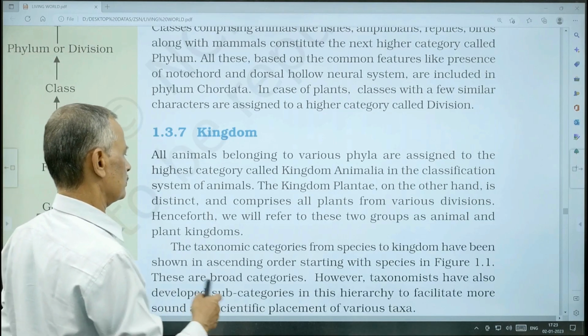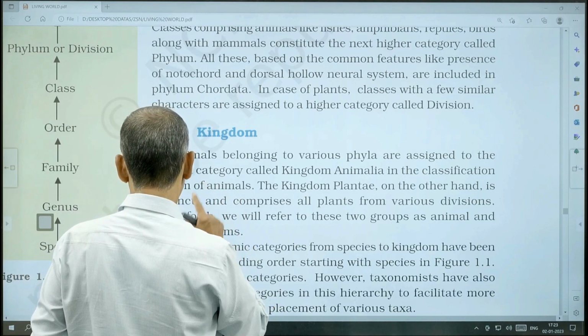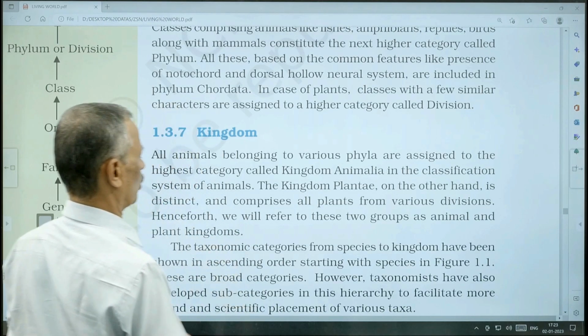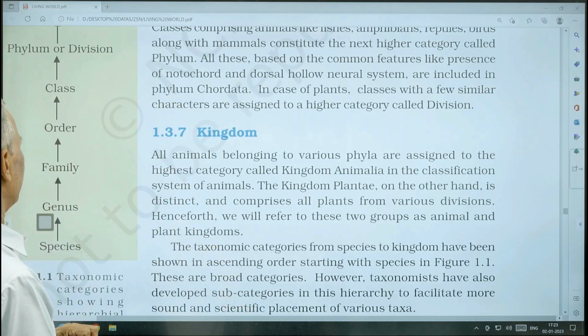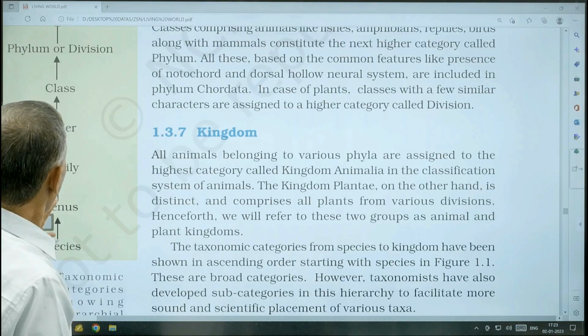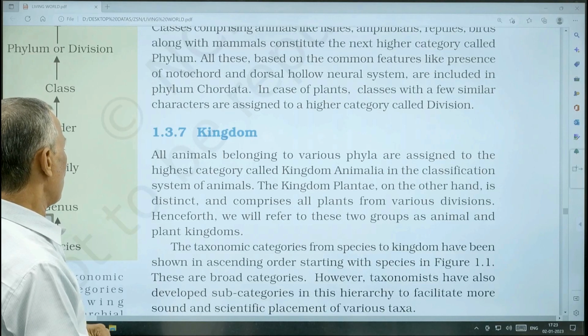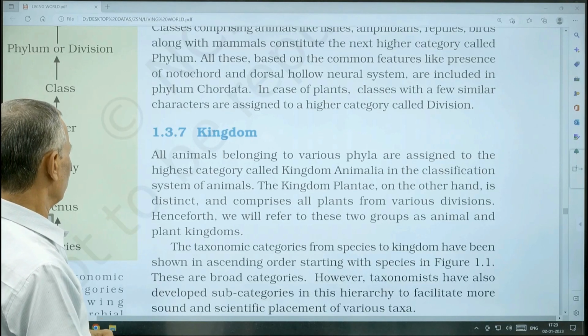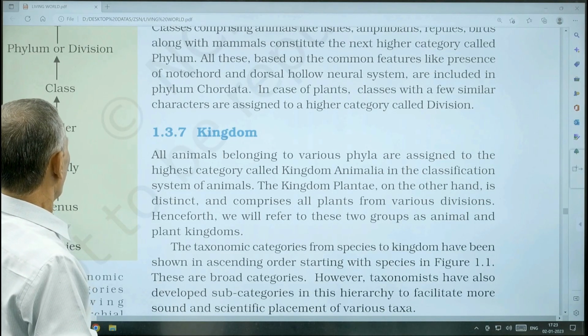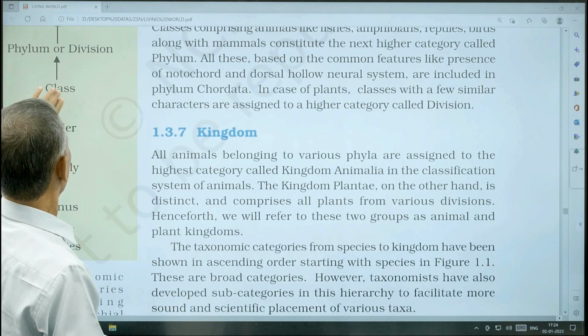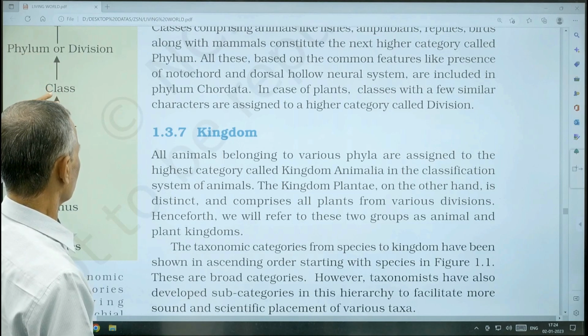Now, after the time of Linnaeus, post-Linnaeus taxonomists have developed additional categories called subcategories, like superorder, suborder, by prefixing super and sub: superclass, subclass, superfamily, subfamily.